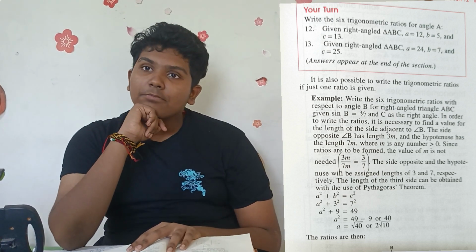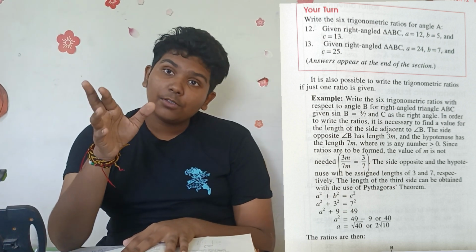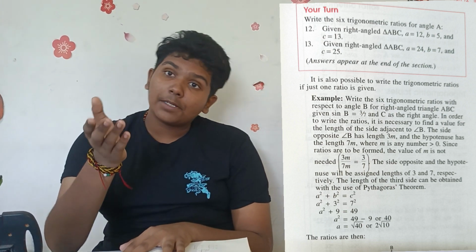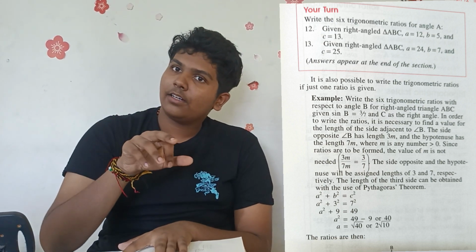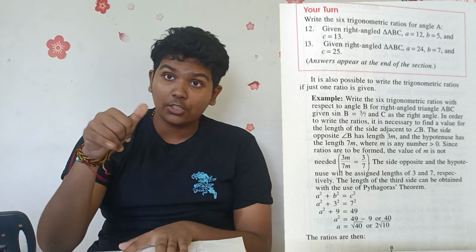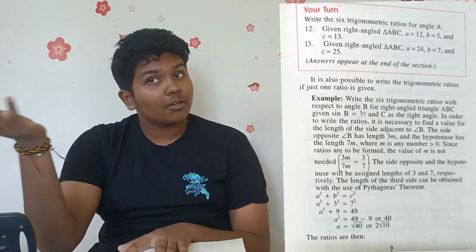Use the Pythagoras theorem. How do you get the sides? A, B, C. So, how do you solve it? A square plus B square is equal to C square. So, A square plus 3 square is equal to 7 square. What is 3 square? 9. 7 square, 49.